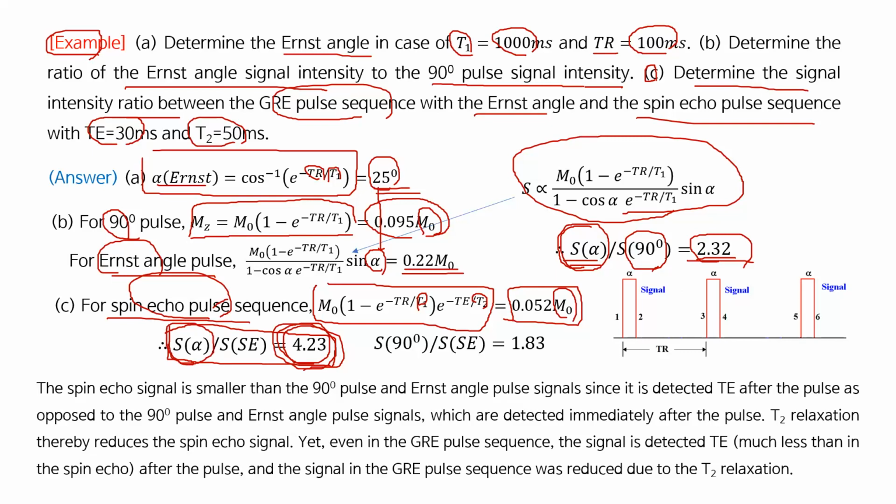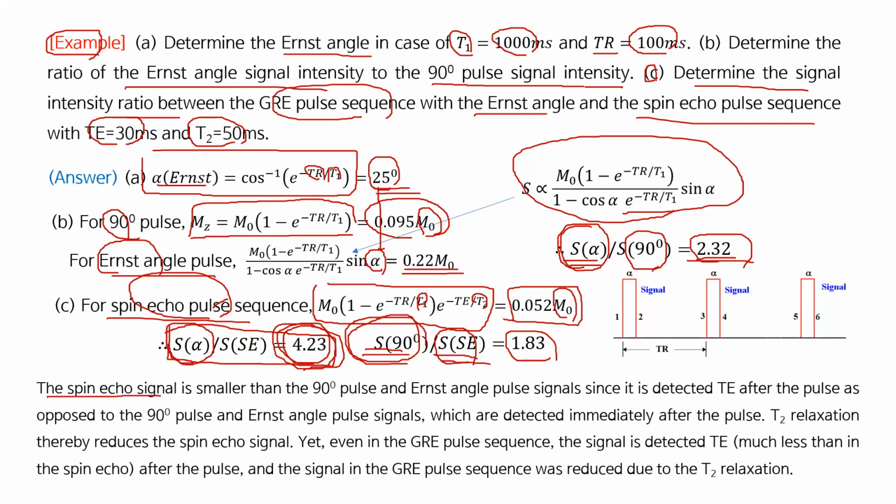And the ratio between the 90-degree pulse sequence and the spin echo pulse sequence is also such that the 90-degree pulse sequence has a larger signal intensity than the spin echo pulse sequence. Here is the explanation for why we have this kind of signal intensity ratio.